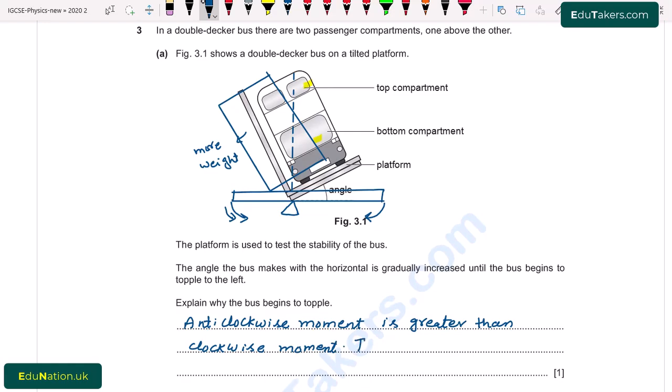That's why the bus began to topple to the left.